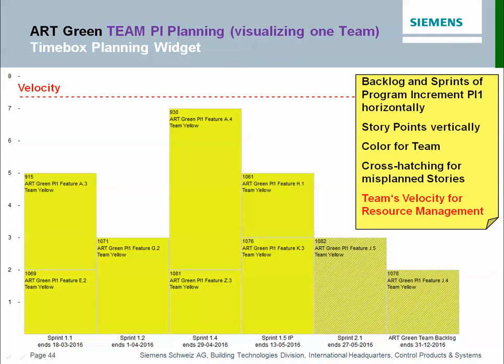And you see also that there are stories planned too late. There are stories planned in Sprint 2.1 which should deliver for a feature in Program Increment 1, and therefore this story is cross-hatched. And now you should move this story to a sprint 1.x in order to deliver your story for this system feature in Program Increment 1.